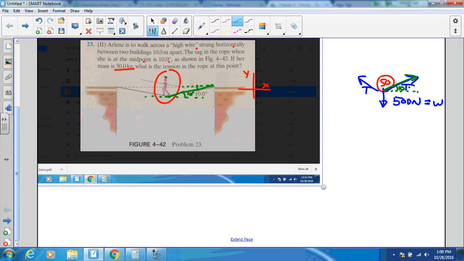So this angle is a 10-degree angle, and likewise, same reason, this is a 10-degree angle as well, so that we have here 10 degrees.